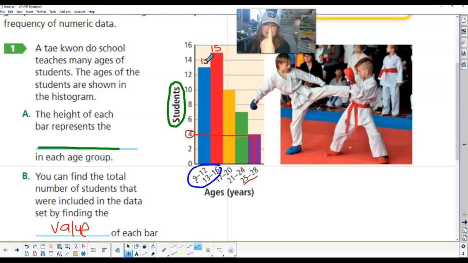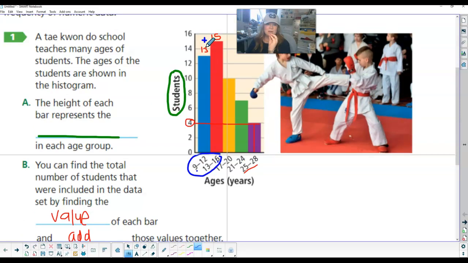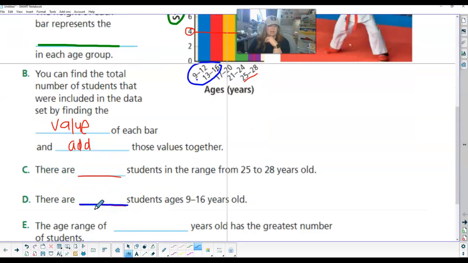The blue bar has 13 students. The red bar has 15. I want to know them together. We're going to add 13 and 15 to find the value for D. That will tell us two of those groups together, right? We're just finding their value, adding them together for 9 through 16.